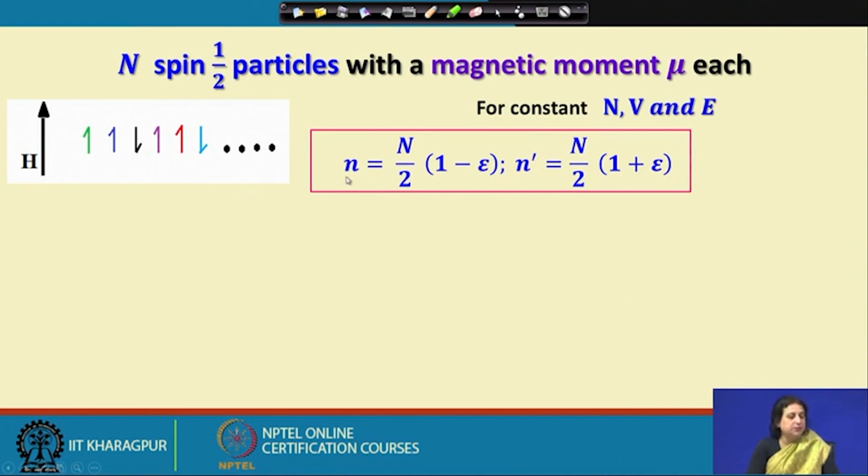And obviously, small n is a function of the total number of particles as well as the quantity epsilon, which is related to the total energy of the system.